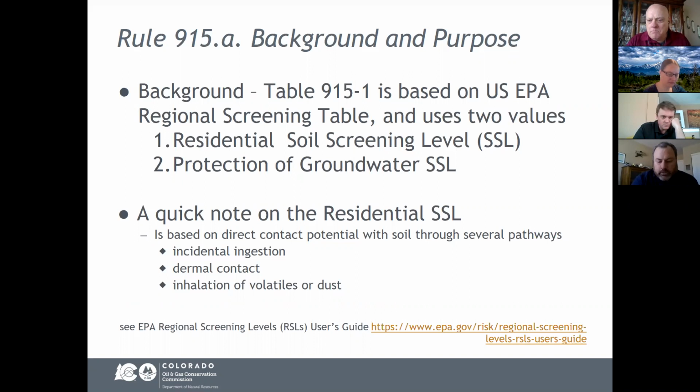And if you really want to get into more of the details, we covered a lot of the background and how we arrived at these cleanup levels during the rulemaking, and there's a pretty nice write-up in the statement of basis and purpose on page 160. And also a link in this slide that will take you to the EPA regional screening level user guide if you really want to delve into it more. Next slide, please.